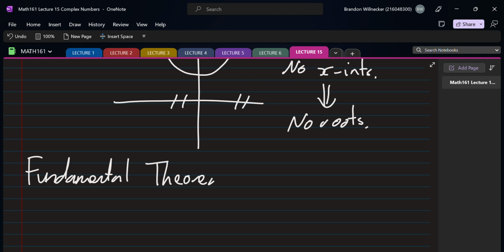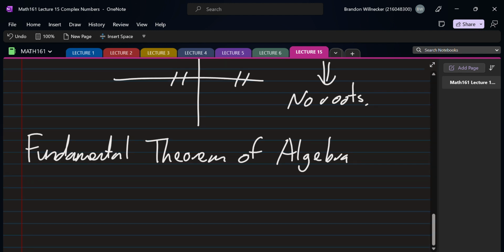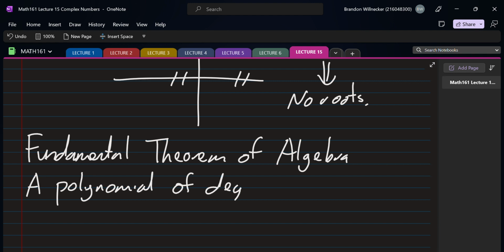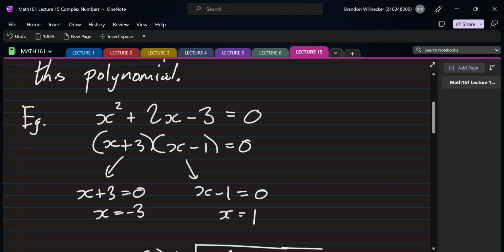Fundamental theorem of algebra. Okay, and this theorem states that a polynomial of degree n will have n roots. So we see that this sometimes applies to quadratics, like we had in this first case over here.